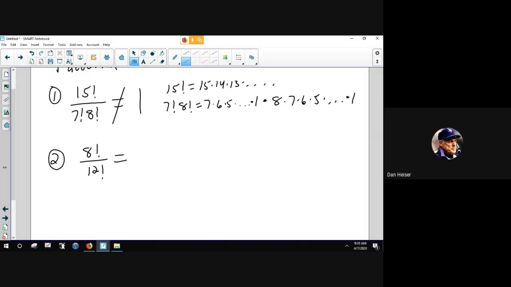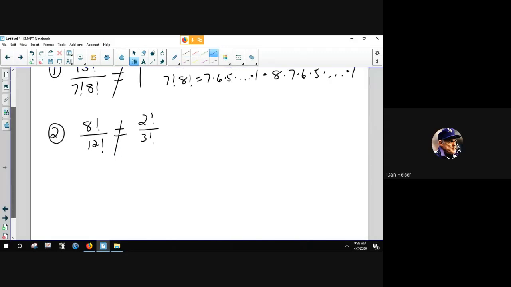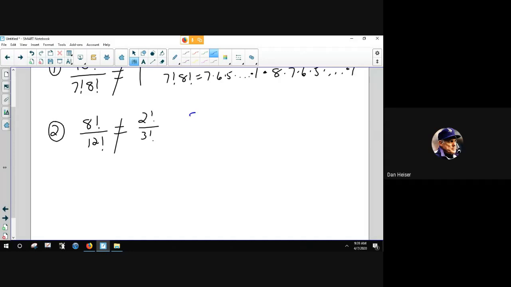Eight factorial over 12 factorial. Think, oh, I can reduce 8 over 12. I can divide both of them by 4 and get 2 factorial, 3 factorial. No. 8 factorial, all the way down. 12 factorial, all the way down.